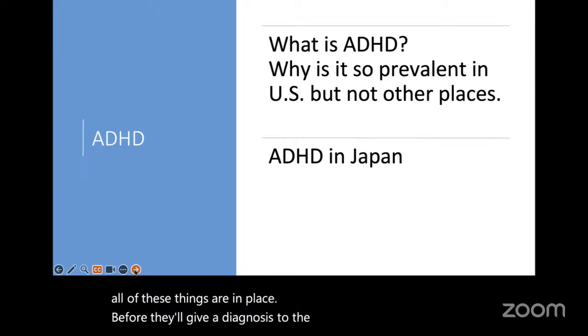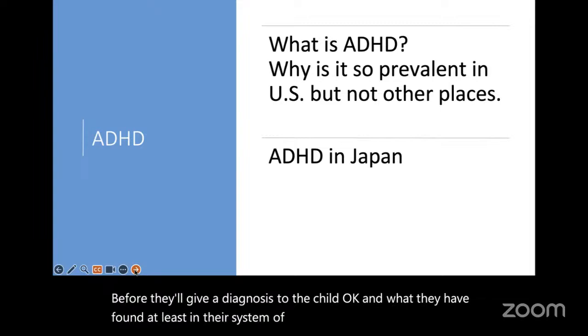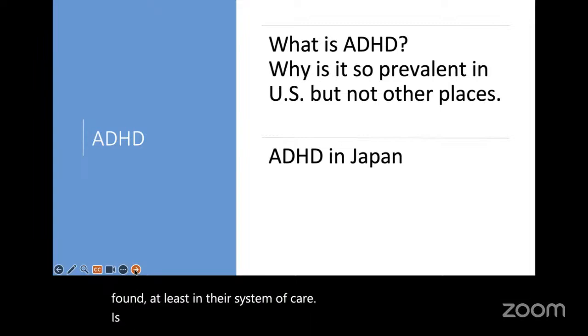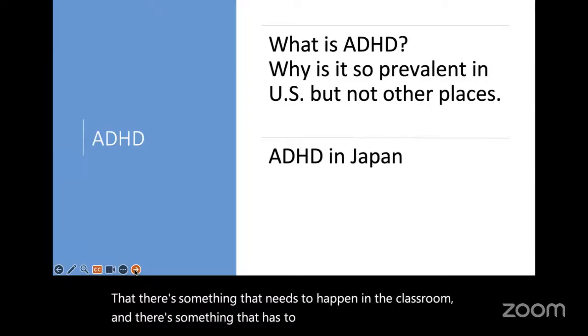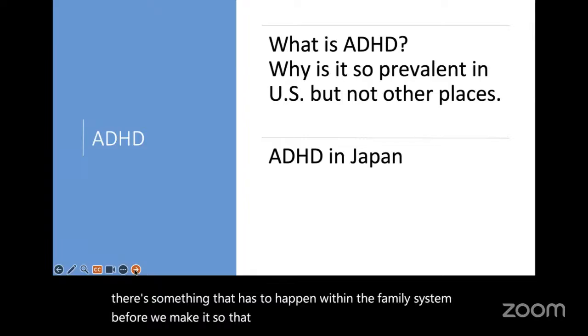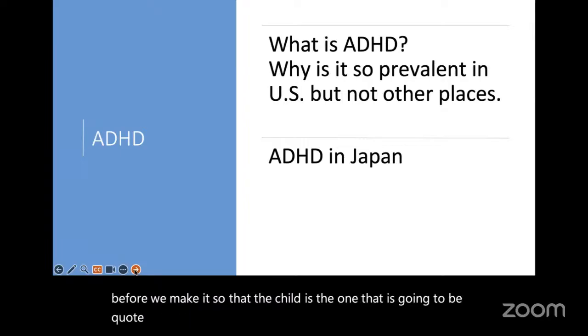Okay. And what they have found, at least in their system of care, is that for a lot of children who have ADHD symptoms in the school place, there's something that needs to happen in the classroom, and there's something that has to happen within the family system before we make it so that the child is the one that is going to be, quote unquote, diagnosed as that child has ADHD.